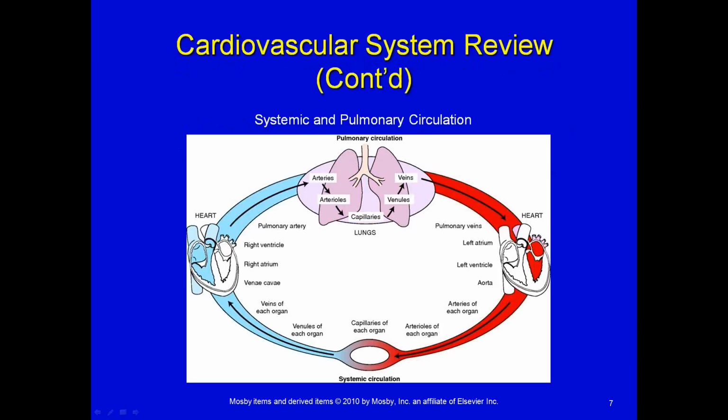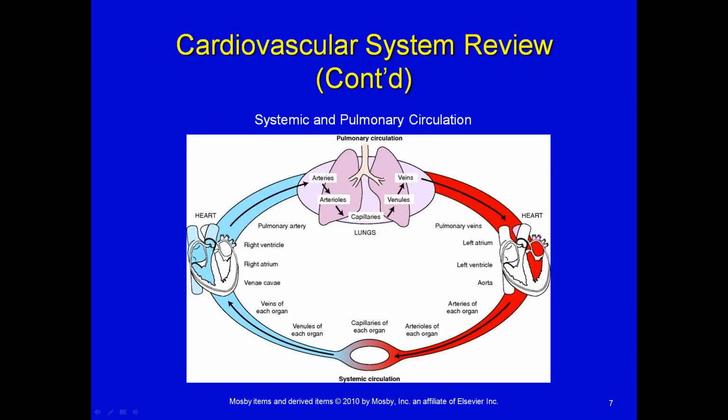The right ventricle then pumps that blood through the pulmonary arteries to the arterioles and capillaries that surround the alveoli, and then gas exchange takes place. The CO2 is eliminated, oxygen is added, and then the blood flows from venules to veins, the pulmonary veins, into the left atrium, the left ventricle, and then out the aorta to all parts of the body.